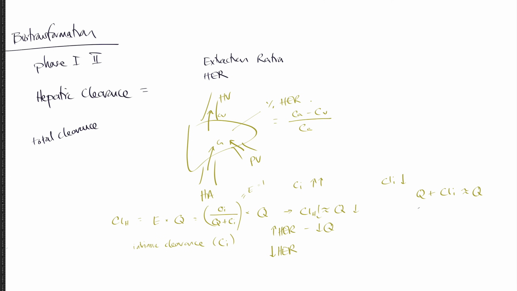So when you have clearance hepatic equal to clearance intrinsic divided by Q plus clearance intrinsic times flow, if this is essentially equal to flow on the bottom, then this and this would cancel out.